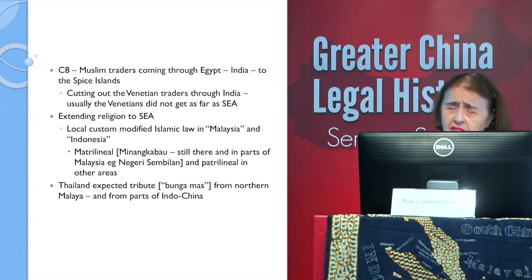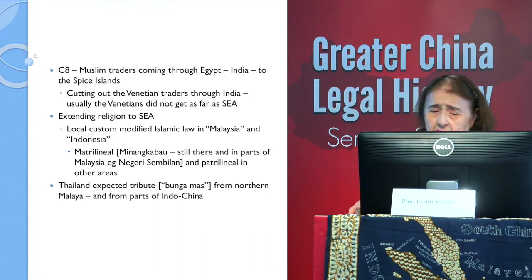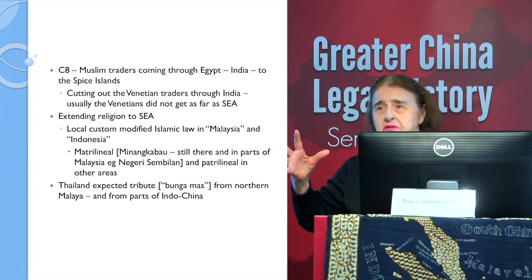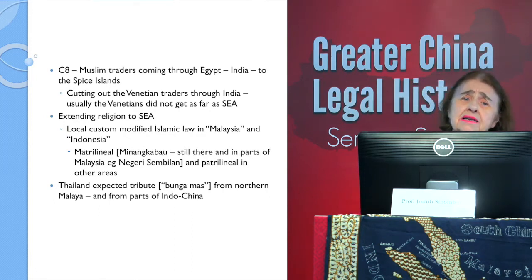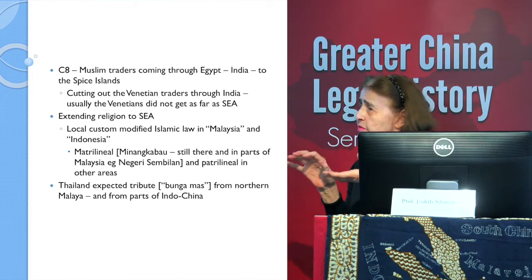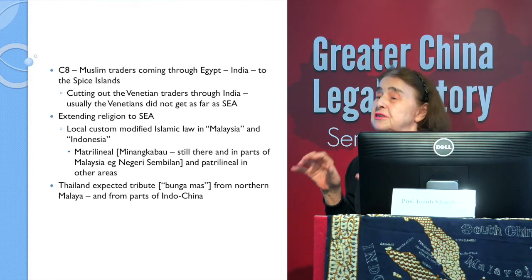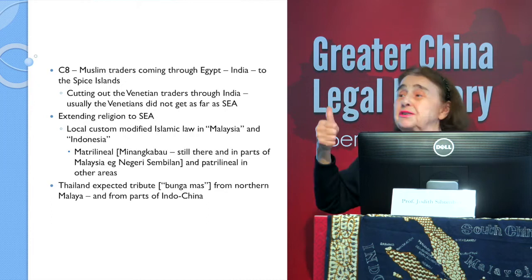And religion was slowly going into Southeast Asia with the merchants. And the tip of Sumatra, right at the top, Aceh, was the first area to become Islamic. The rest took another maybe 2 centuries. But the amazing thing about Islamic law in that area is all of the locals had their own customs, a bit like New Territories customary law.